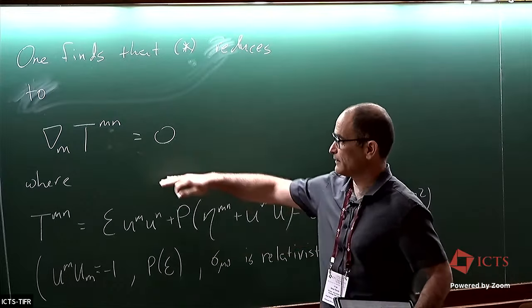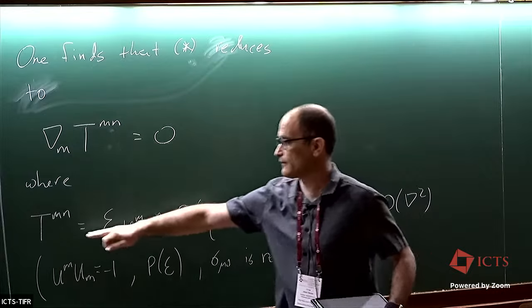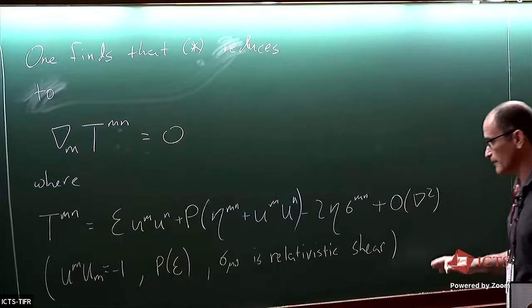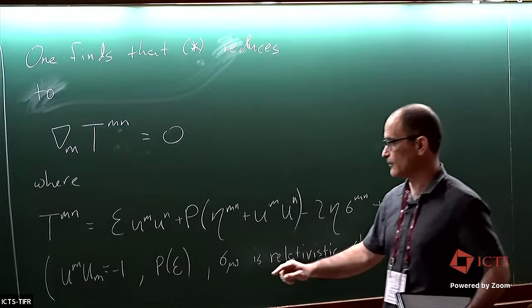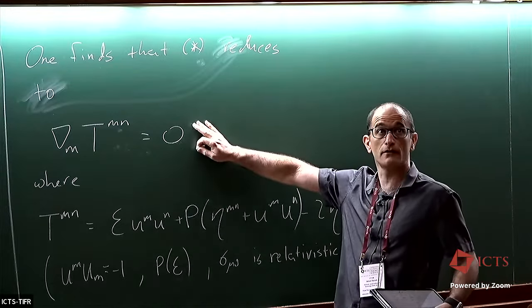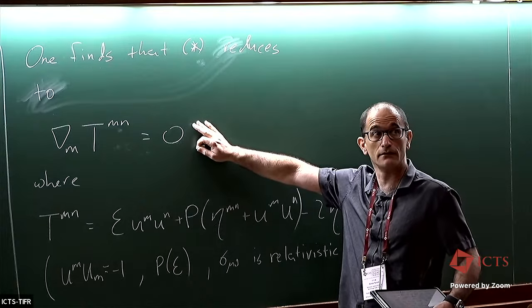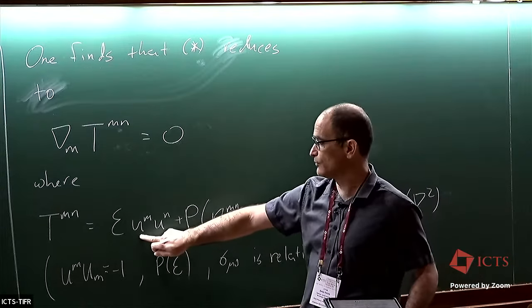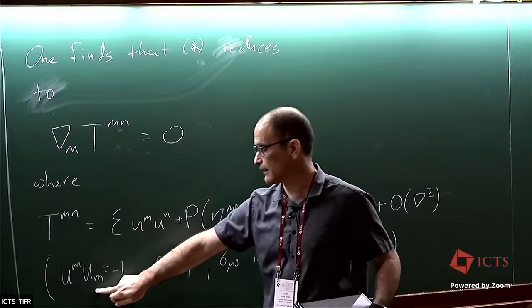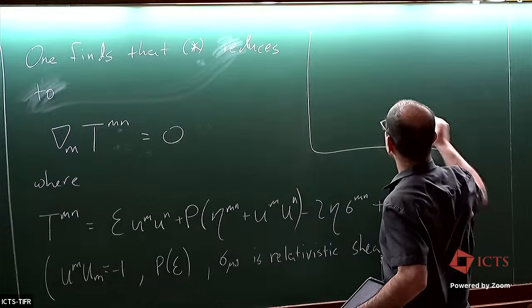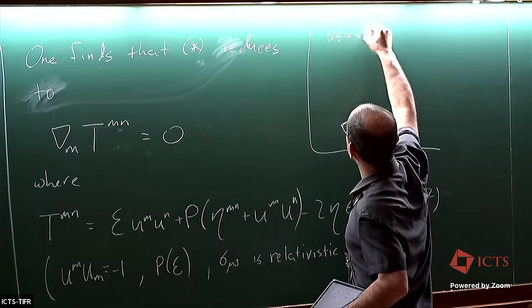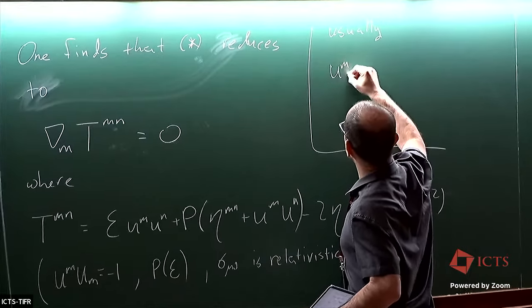And the statement is that you get a conservation law of this type, where T^MN is given by this expression here. This is the equation of motion for a relativistic fluid. So U^M is normalized to 1, right? Usually we write U^M to be this.